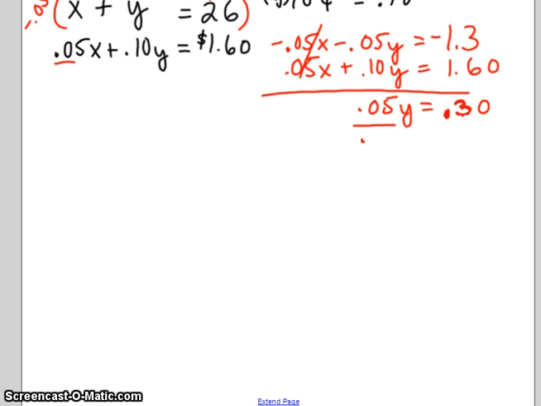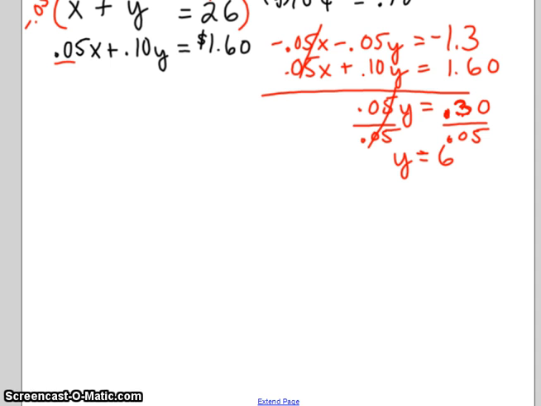Now we're going to solve for y. Feel free to use your calculator. 0.05 divided by 0.05 is 1. We get y equals 0.30 divided by 0.05, which is 6. So y equals 6.